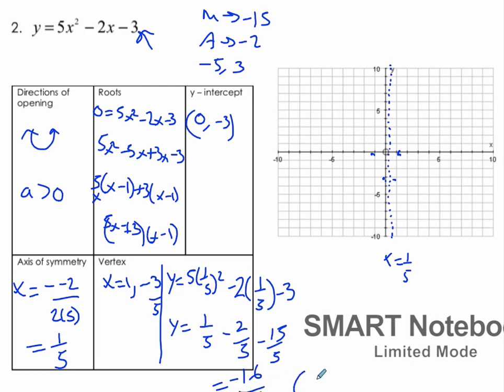So the vertex is 1/5, negative 16/5. Okay, negative 16/5 is a little bit less than negative 3. So we're at 1/5 across and down. That kind of makes sense in our graph here.